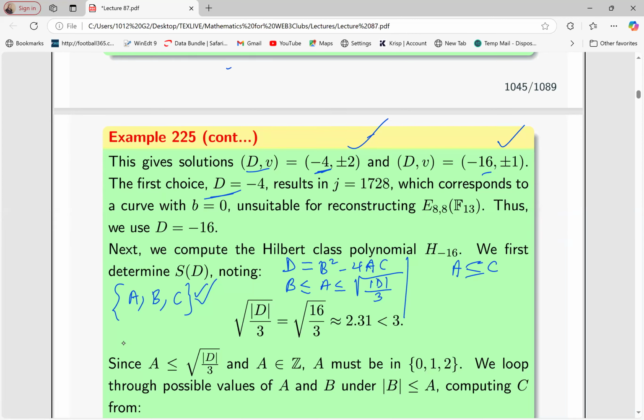And these are not the only conditions. The other condition is that if B happens to be less than 0, then its magnitude, its modulus, must be less than A. Remember, at this point it was less than or equal to, but this is a point when it was not less than 0.